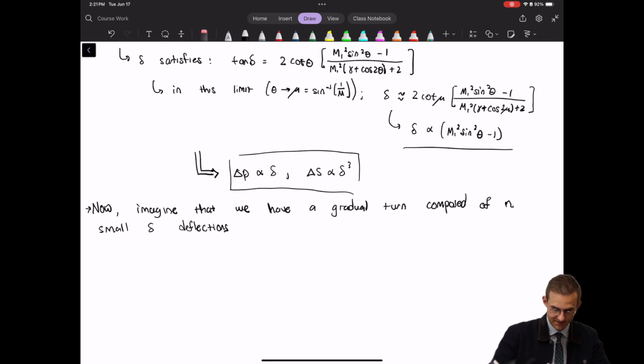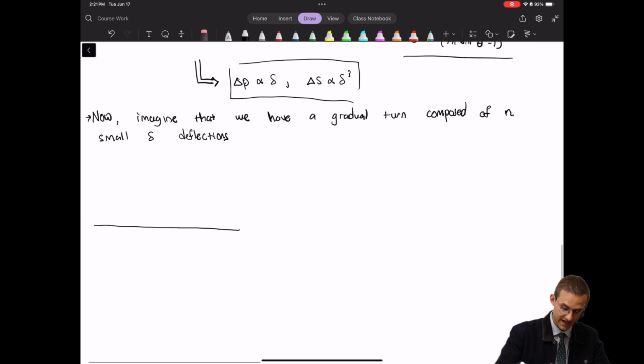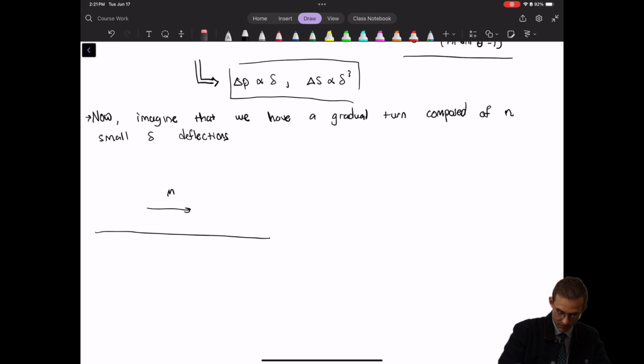Okay, so what I mean by that is we have a flow coming in on a flat surface at M1, and then we have a very, very, very small deflection, call it delta, and then we have another very, very small one. This is actually extremely exaggerated, the deflections are much smaller than this, and then we have that continue through a bunch of deflections until we reach our final Mach number Mf.